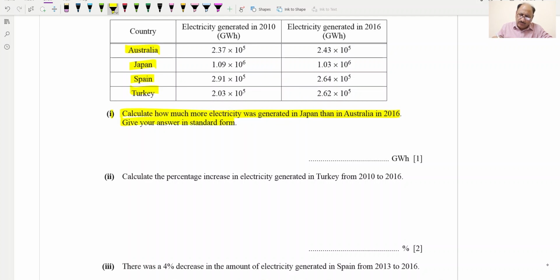So this one is Japan, and Australia is this much, so we will subtract and check the difference.